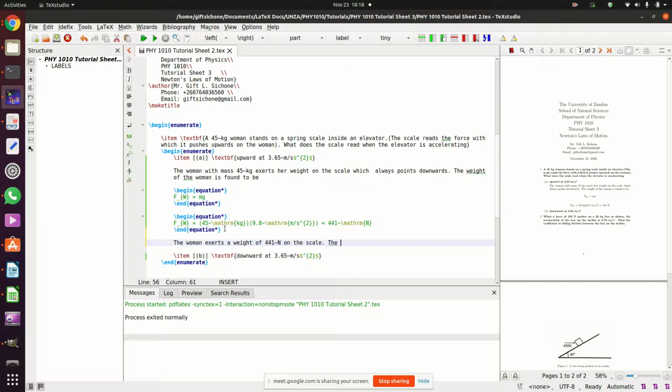The scale is unhappy about this, and reacts by exerting an upward force F of a known size.